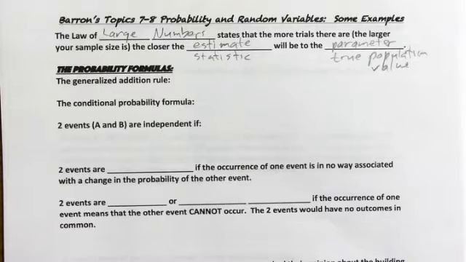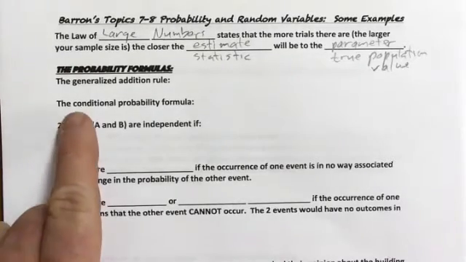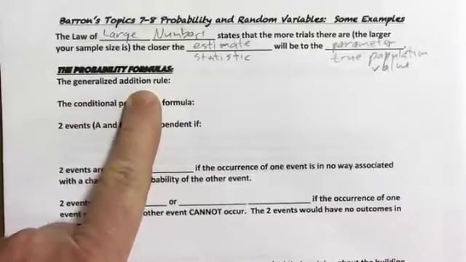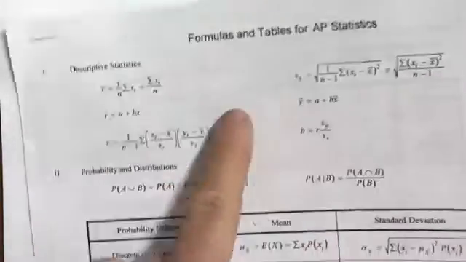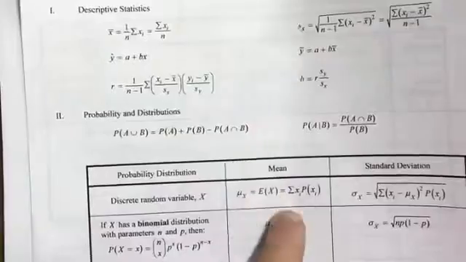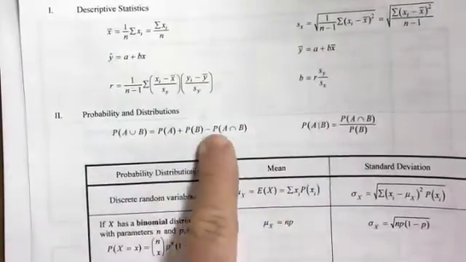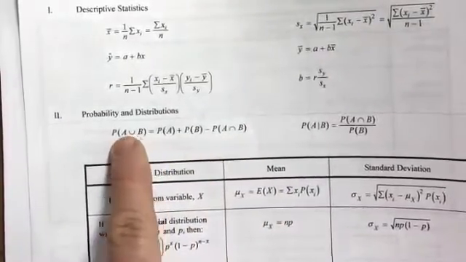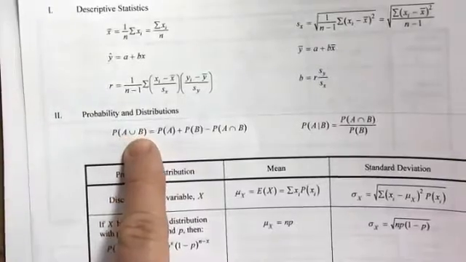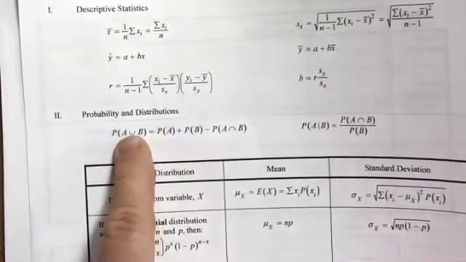All right, so we have some formulas you have to know, and a couple of them are on the formula sheet. The first one is the generalized addition rule. If you look on page 1 of your formula sheets, here are our probability formulas down here. That union symbol, A union B, means the probability of A or B. The word or in math means add.